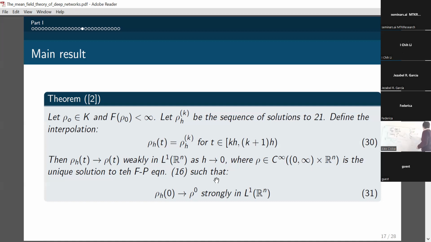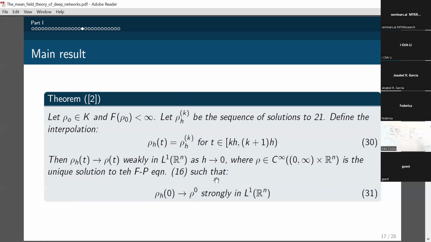From 2h to 3h, it's equal to this. And so on. Okay, so this is how you construct a time-dependent solution from individual time steps.